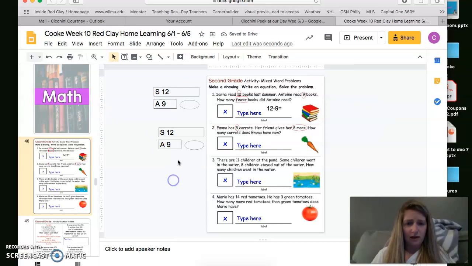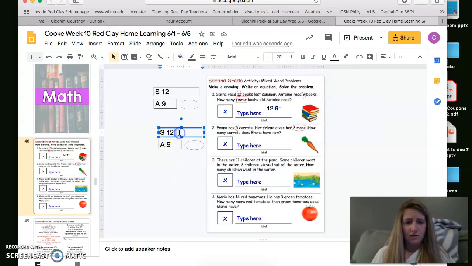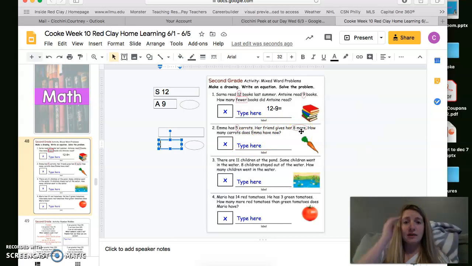Let me take out that information, and then I can fill in with the information in number 2. Emma has 5 carrots. Her friend gives her more, so I take away the number the second time I read it to help me. How many carrots does Emma have now?